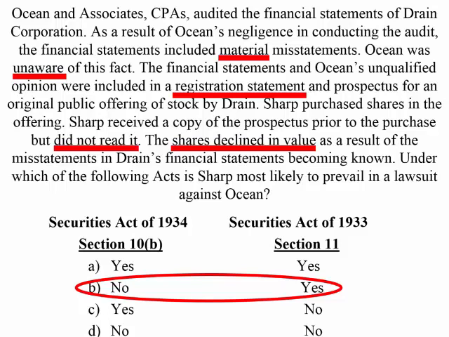Look to make sure that we're talking about a material misstatement, whether the individual, the CPA, was aware of the fact or not, whether the audited financial statements are part of ongoing financial reporting requirements or a registration statement, whether the individual relied on the information or not, and ultimately, did they lose some money as a result of this?